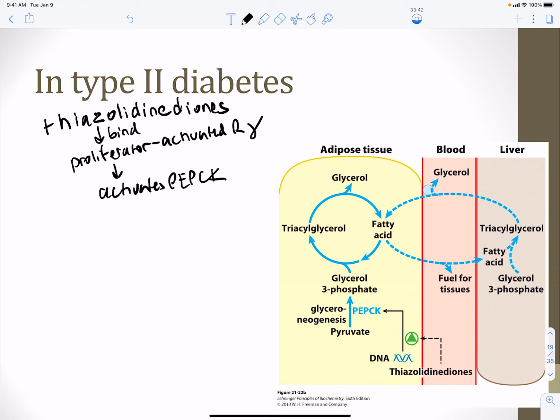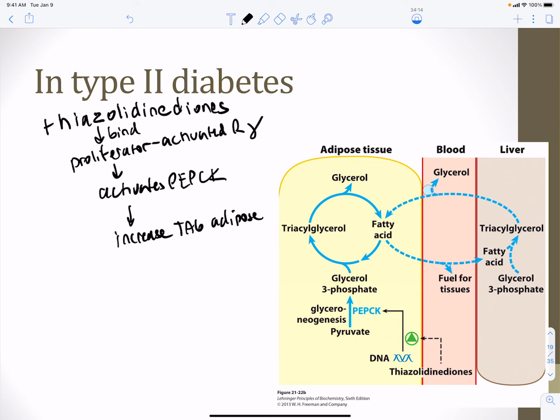And binding is going to activate PEP carboxykinase. So this is going to increase the formation of your TAGs in adipose tissue. Which is what you want to do because there's too much sugar, and so you want your adipose tissue to pick up the fats so that you're going to force your other cells to use the sugar because there's too much sugar.